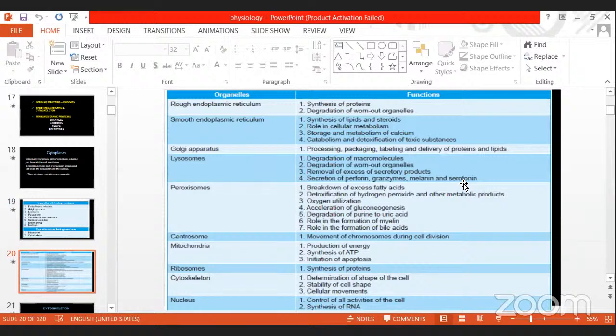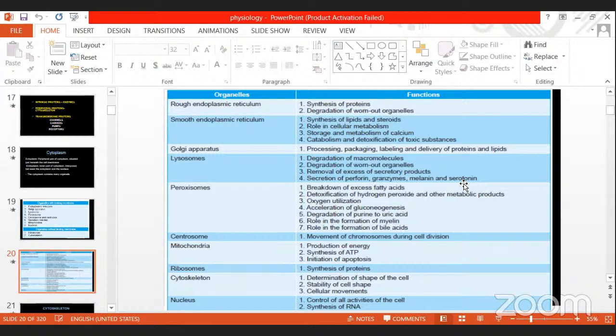Next, coming to the lysosome. Lysosome helps in the degradation of macromolecules, and the degradation of worn out organelles, removal of the secretory product, and perforin, granzyme, melanin and serotonin will be secreted by the lysosomes.